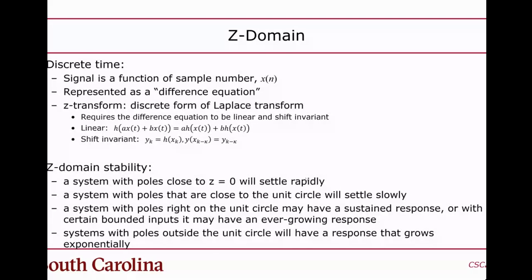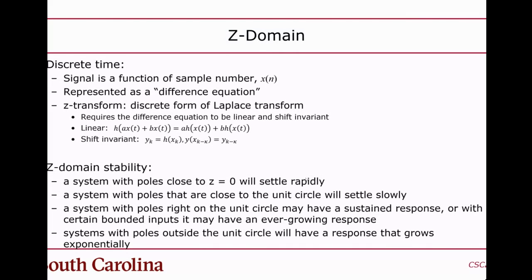So the Z domain is a little different. In the Z domain, you can still calculate the poles, and Z domain transfer functions are also just a ratio of two polynomials of Z, but it's a little bit harder to determine if a Z domain system is stable. There are a few rules though.